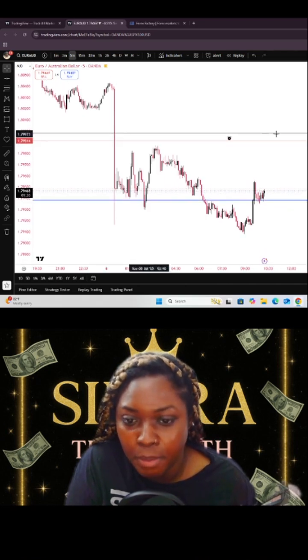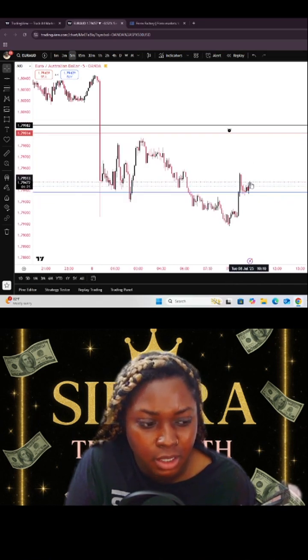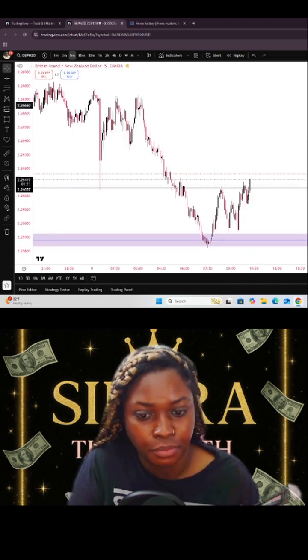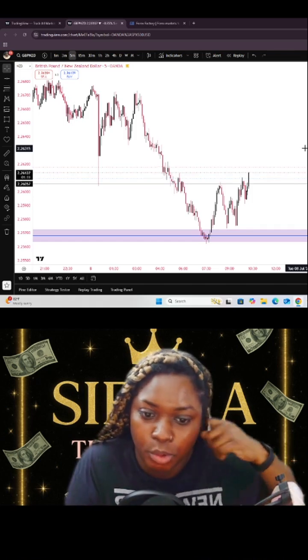But I don't want to buy it. I want to wait till it gets up here and then we'll sell it. So this may be something that we'll get this evening. GBP NZD is giving us nice impulsive move.